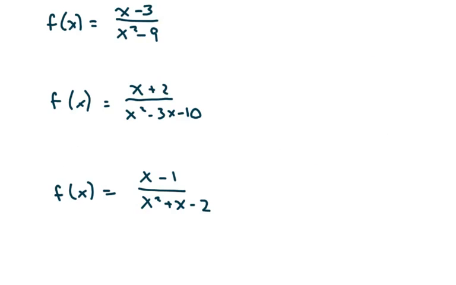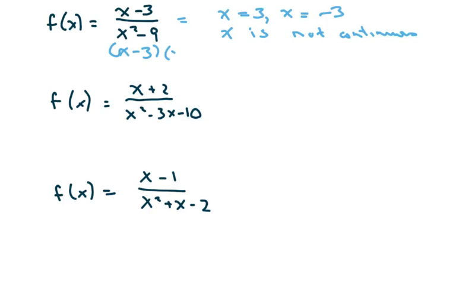Okay, the next one is the same thing. We have x equals 3 and x equals -3. This is not continuous, because you can factor this as x minus 3 times x plus 3.